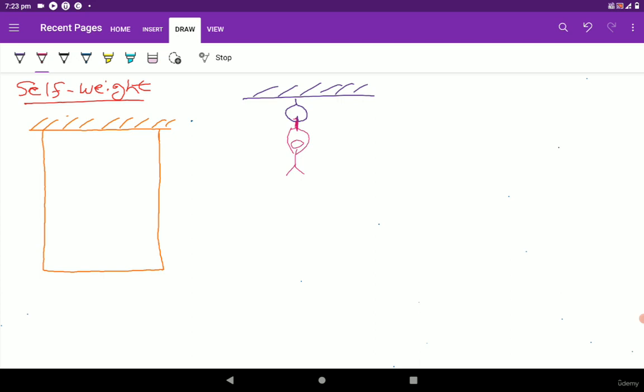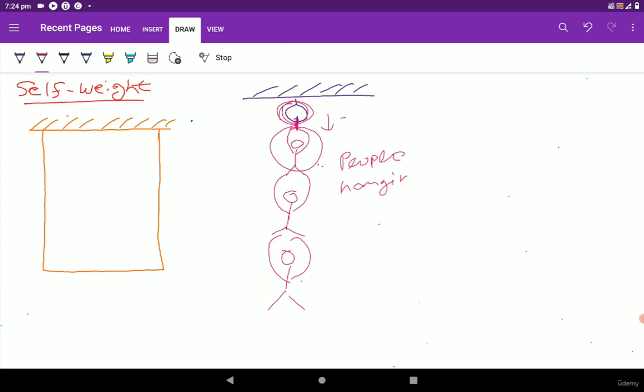Now another man is hanging by catching the leg of this man. So the stress at the hook will increase when another person is attached. Similarly, when another person is attached, the value of stress again increases at this point. So we can call it the people hanging concept.